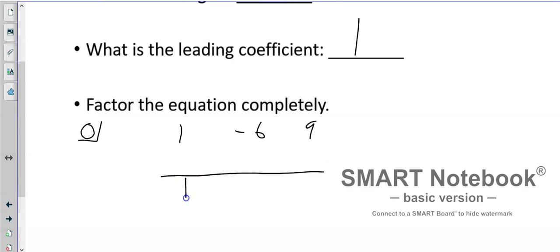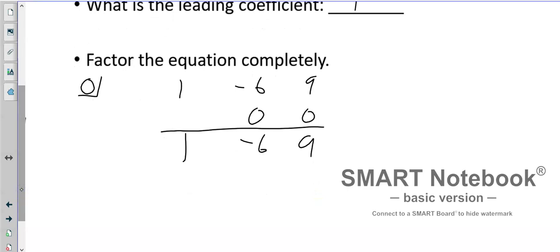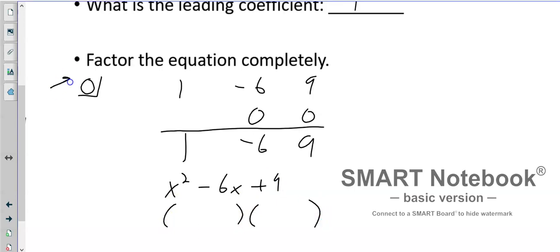So we drop the 1, multiply by 0, add straight down. Multiply by 0, add straight down. So that gives us x squared, we start with the 3, minus 6x plus 9. Now we factor this. Now remember, this is a factor of x minus 0, also known as just x.